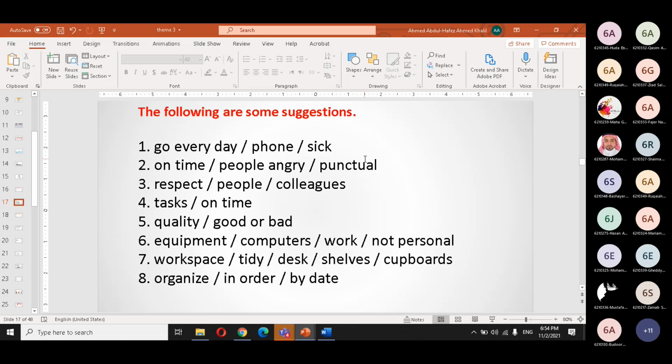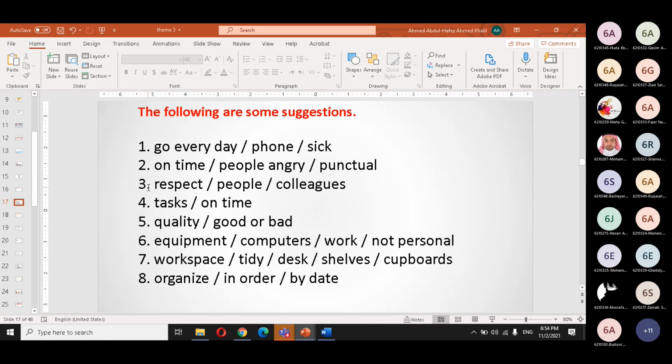So number 1, you must go to work every day. Number 2, you must do your work on time, because if you are late, people will be angry. Or we can say you must be punctual. Punctual means on time.